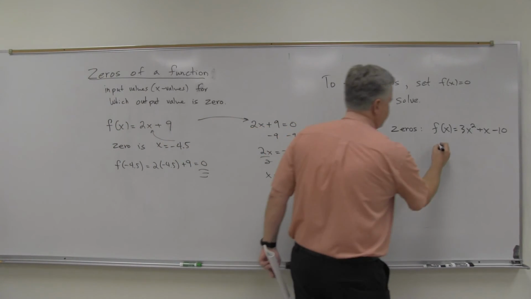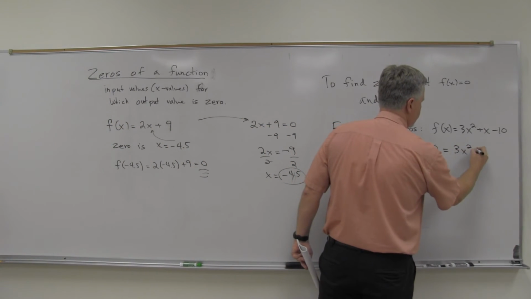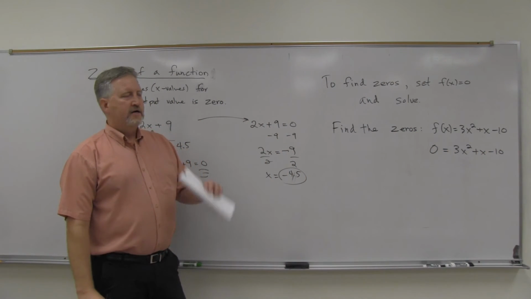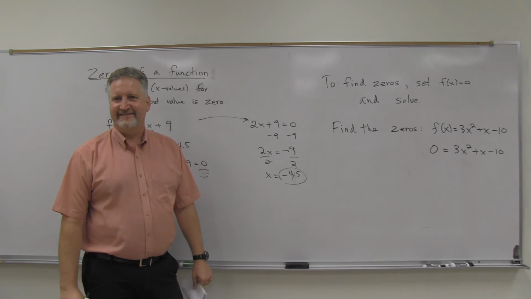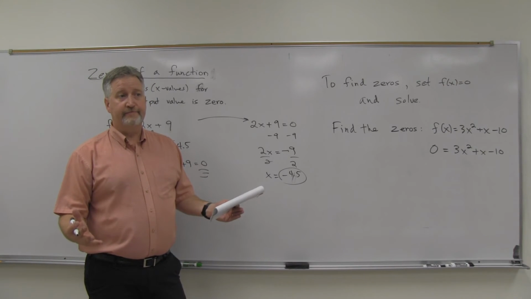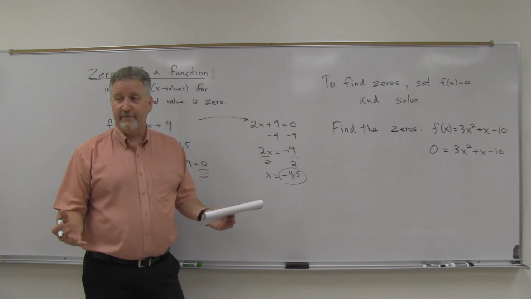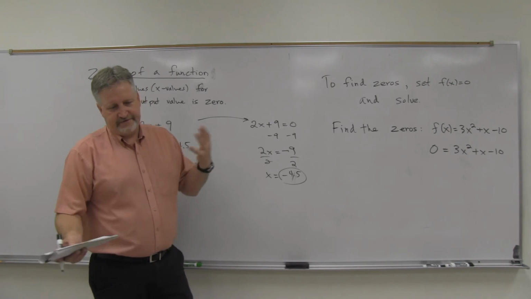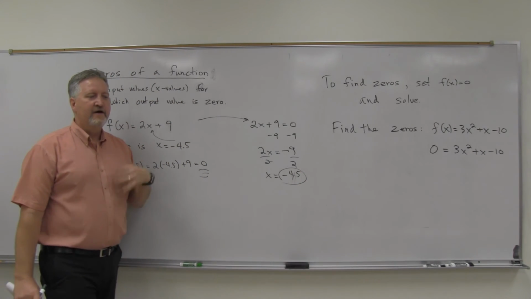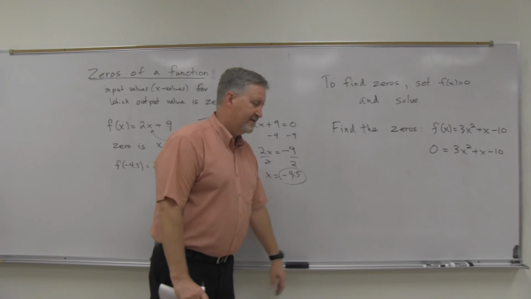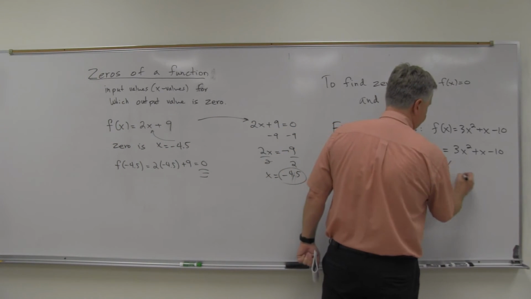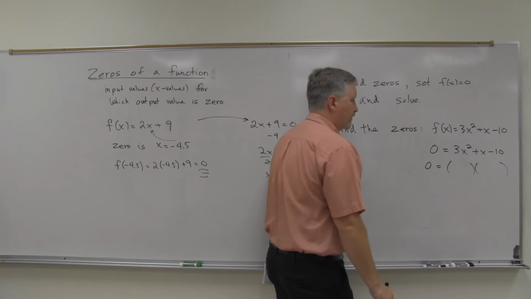So I'm going to set f of x equal to 0 and solve whatever equation that turns out to be. How do I solve that one? Factor, maybe. Could be quadratic formula, maybe. We went over several types of equations, and that's why, because you never know what type of equation you'll run into. So you try factoring, or go to the quadratic formula.